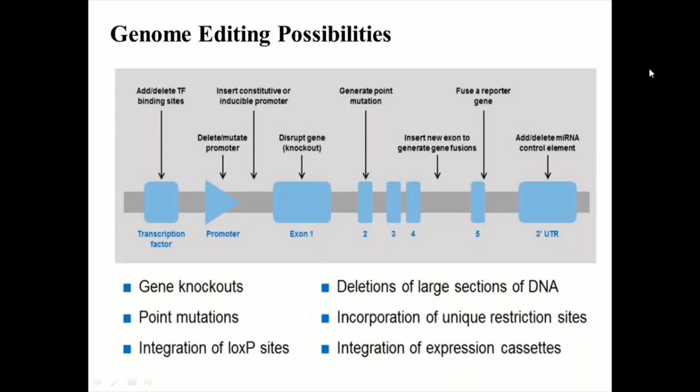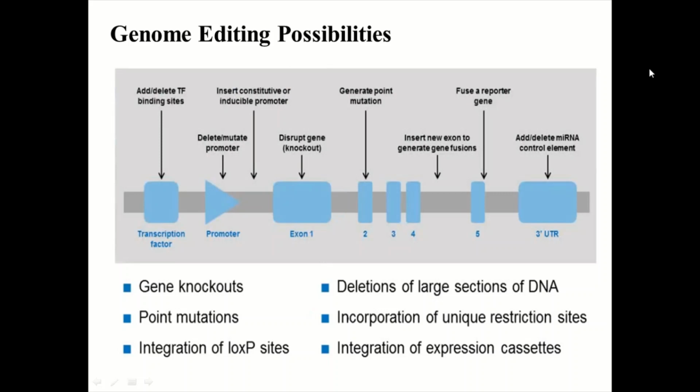This scheme gives you an idea about the possibilities to manipulate different elements contributing to the expression of a gene by using genome editing. So what can you do with genome editing? You can introduce point mutations at exons.